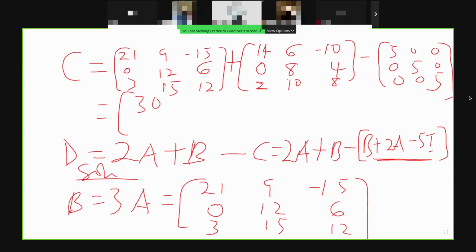Then we have 9 plus 6, which is 15, isn't it? 15 minus 0, so that will be 15.